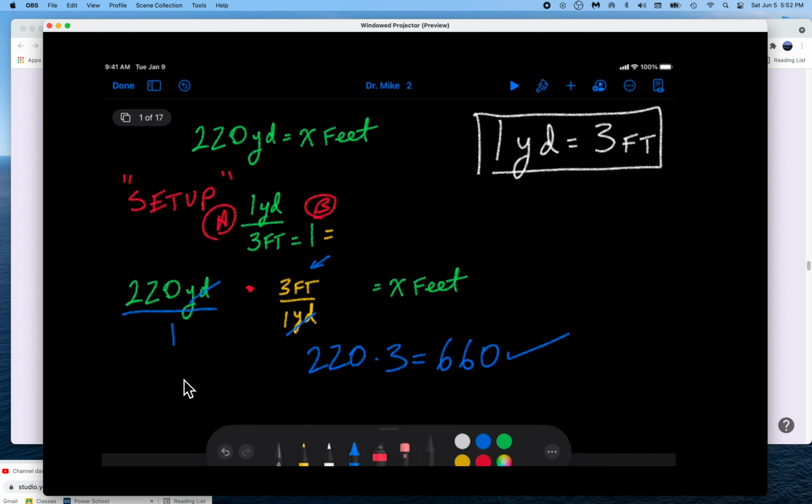Now, why do I go through that? If you watch the other video, it was much more expeditious to just set up the proportion. Well, the reason is, you're not going to always have this luxury where yards and feet have a beautiful formula. There are times when you're going to need to know how to do this.